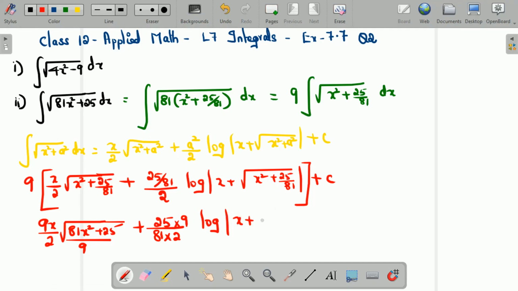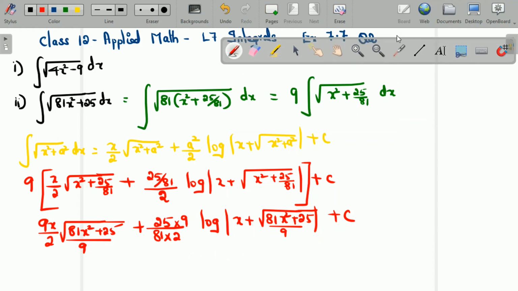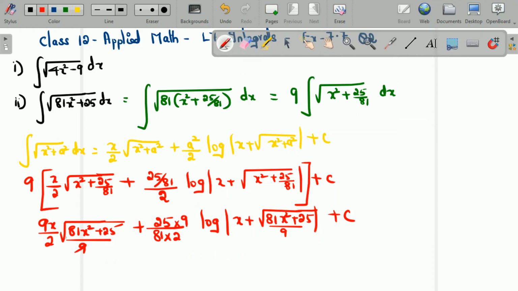Log of x plus, here within the bracket you take LCM, so it will be 81x squared plus 25 divided by root of 81, which is 9, and then there is a plus c. In the next step we will just modify this, so the 9 and the 9 will get cancelled, so this expression will become x by 2 root of 81x squared plus 25.